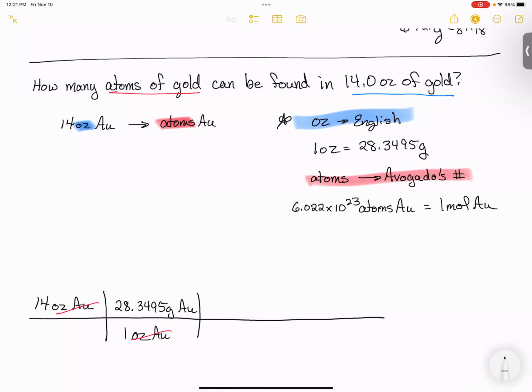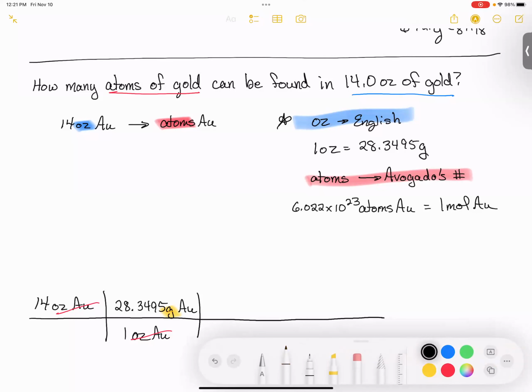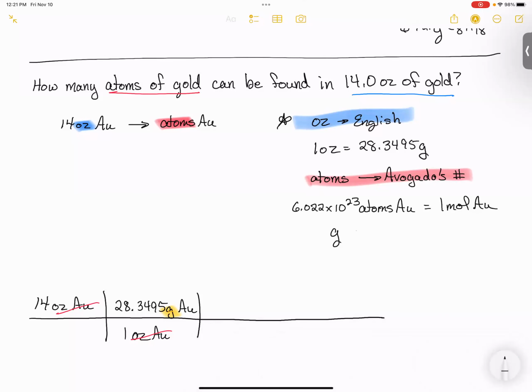What that means is I'm going to need a conversion factor I did not come up with to begin with. But using what I know, when I think of grams, what do I automatically think of? Molar mass. So I'm also going to need the molar mass here.